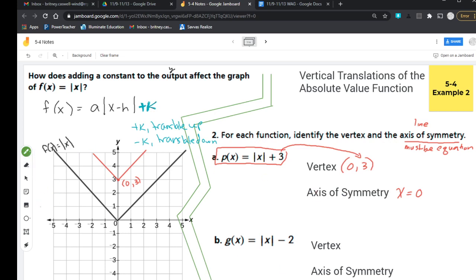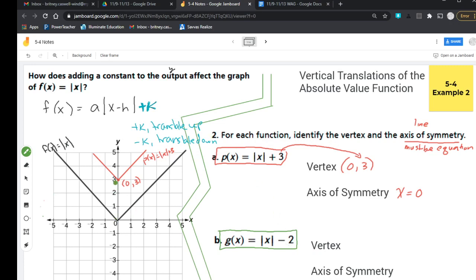So let's go ahead and check it out with this one. So I'm going to graph g of x here. So real quick, let me mark that was p of x equals the absolute value of x plus 3. That way, if you're looking at it later, you can see where it is on the graph. Alright, so now what I'm doing is I'm subtracting 2 from our output.